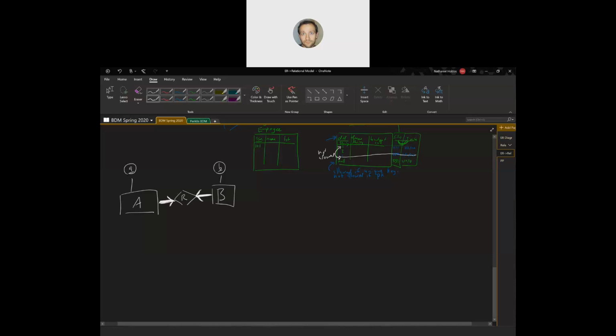Okay, is there anybody who can sort of just say in words what this entity relationship diagram is saying about the relationship between A and B? It's a one-to-one relationship.